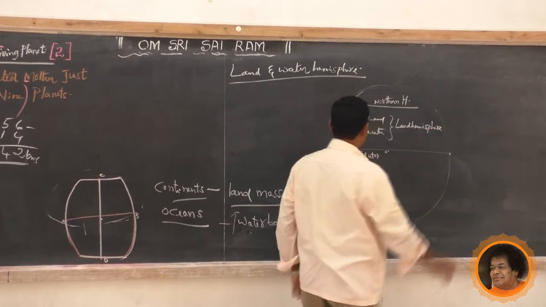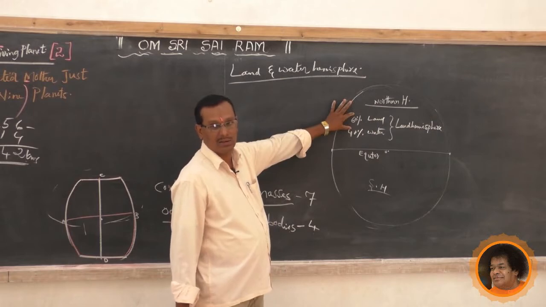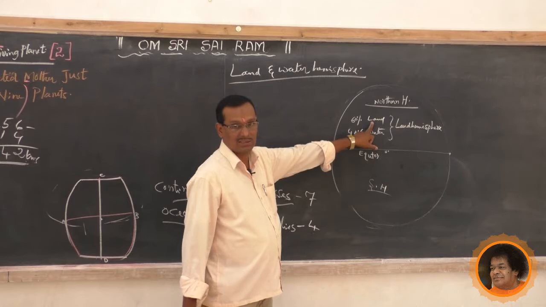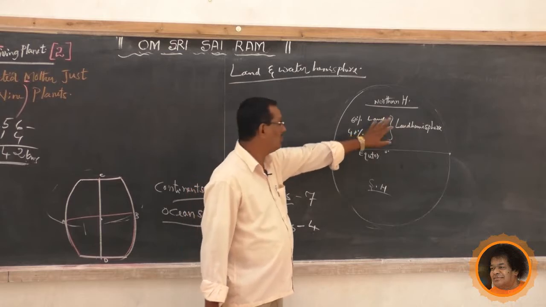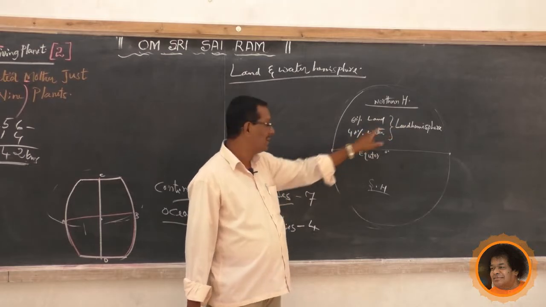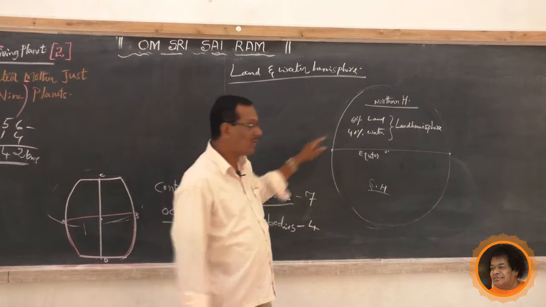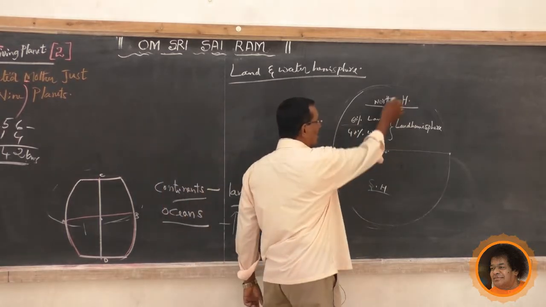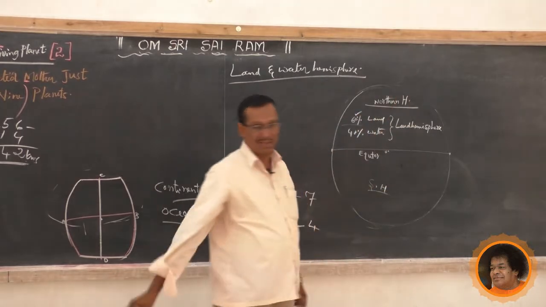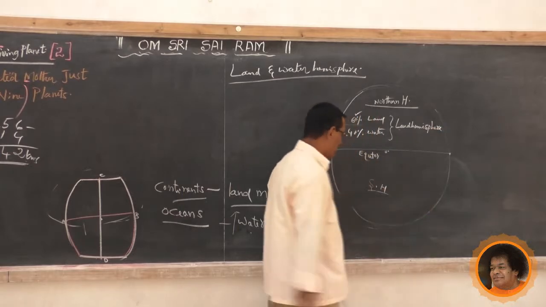Why? Because the majority of the lands are found in this hemisphere. 60% of the land, and water bodies only 40%. Therefore, the major role in the northern hemisphere is from the land, so it is called the land hemisphere.